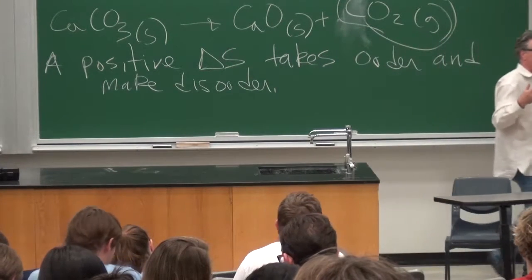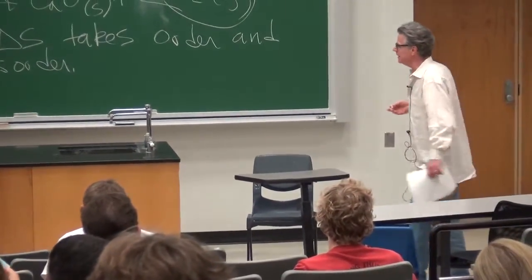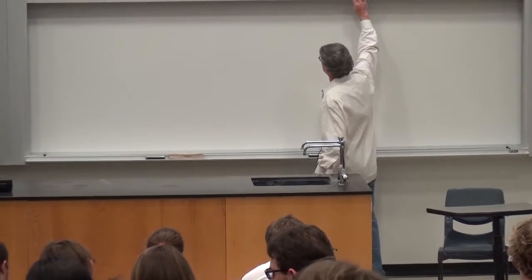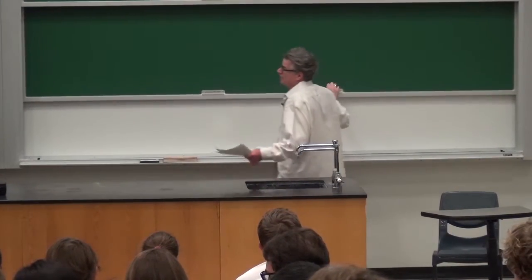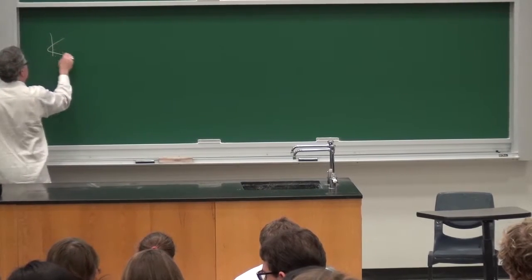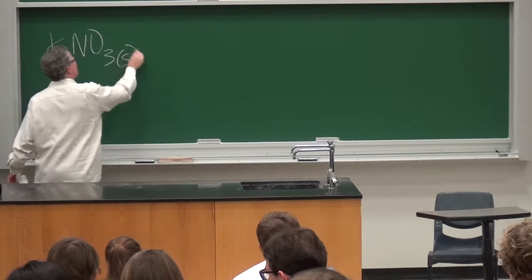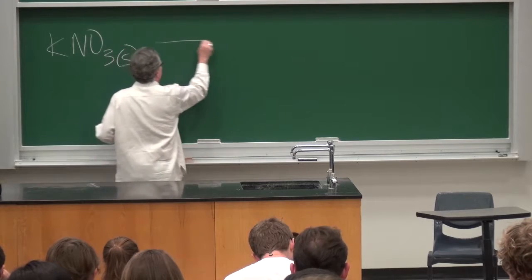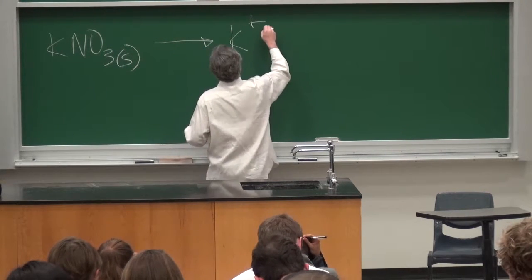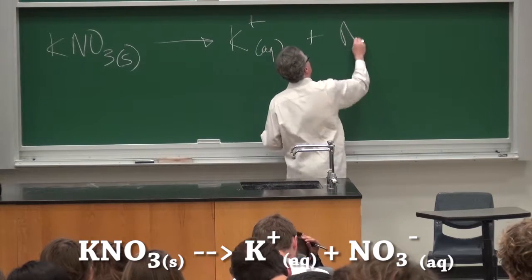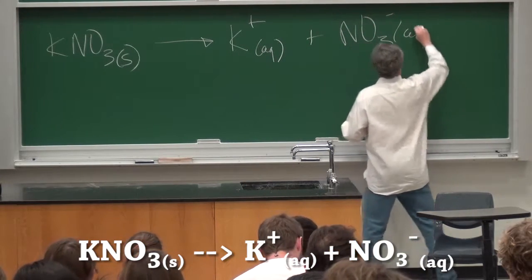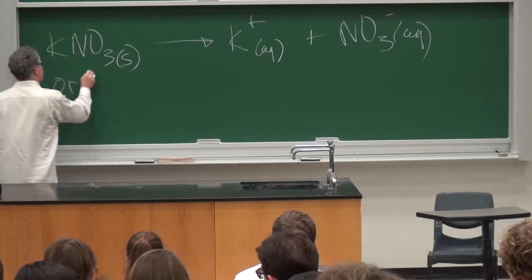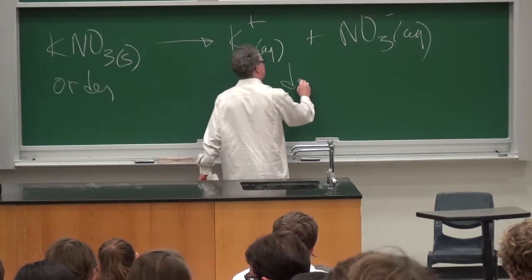Anything that takes order and makes disorder will have a positive delta S. So the dissolution of anything, pretty much, no, I shouldn't say that, it's not that simple, but we talked about taking potassium nitrate solid, a low entropy state, putting it in water, to randomly walk, obviously, order to disorder.